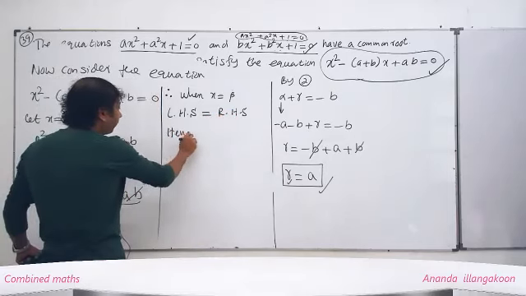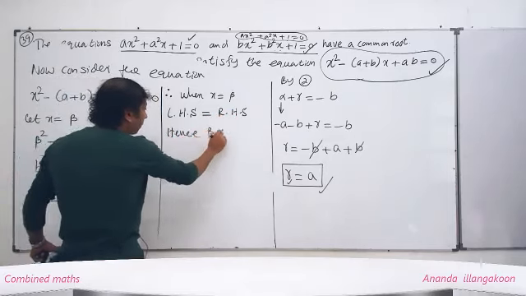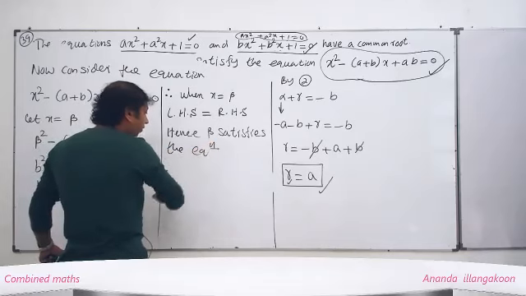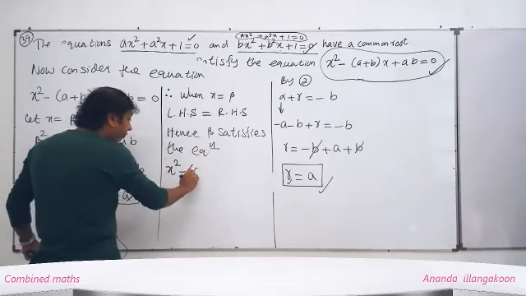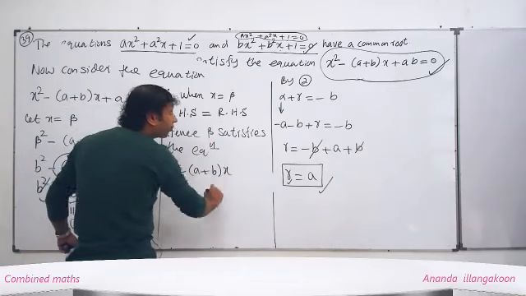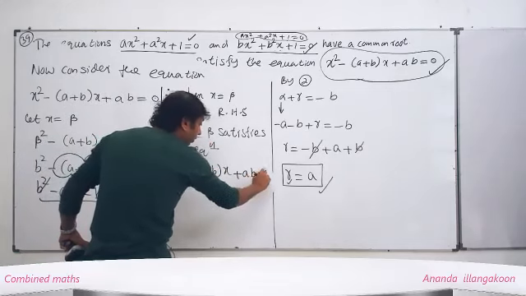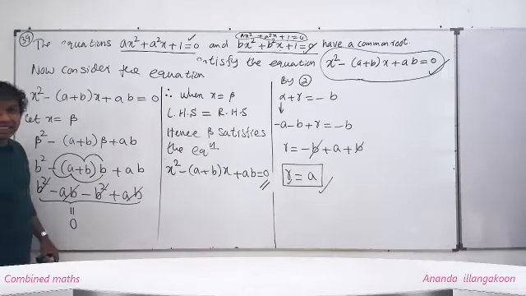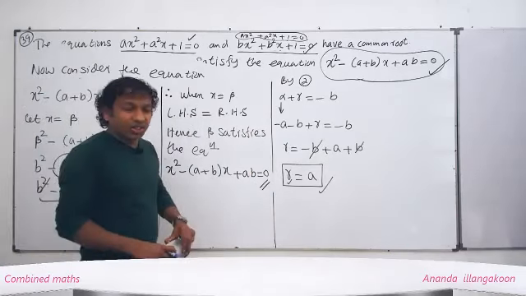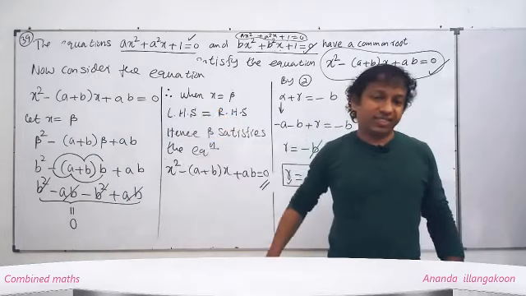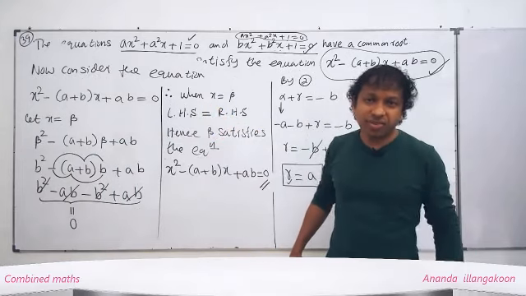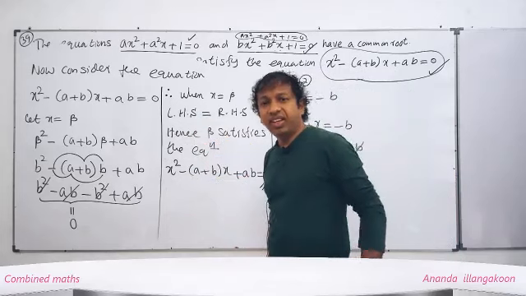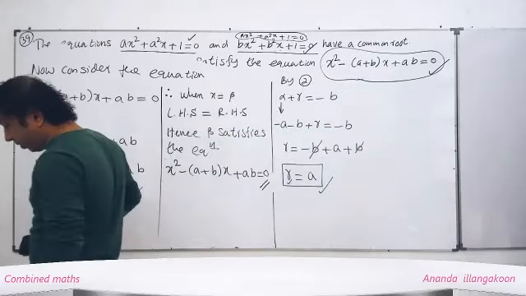Hence, beta satisfies the equation x squared minus (a plus b) times x plus ab equals 0. Right, people? Okay. Similarly, to show this gamma satisfies that equation, what we need to do, people, in that expression for x, put gamma, and in the same way prove. That's the end of the question. Right? Okay, take that, people. Hurry up.